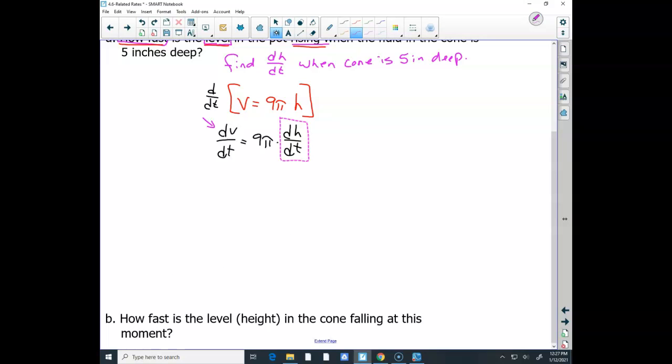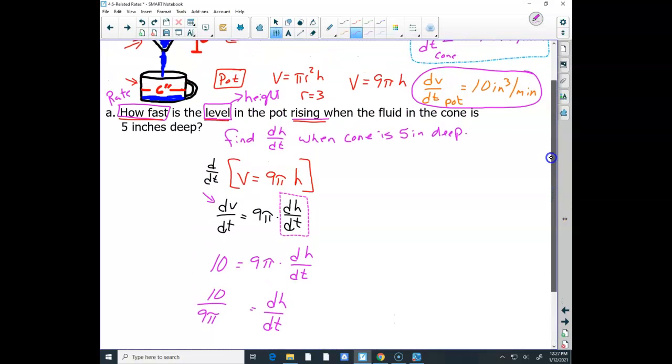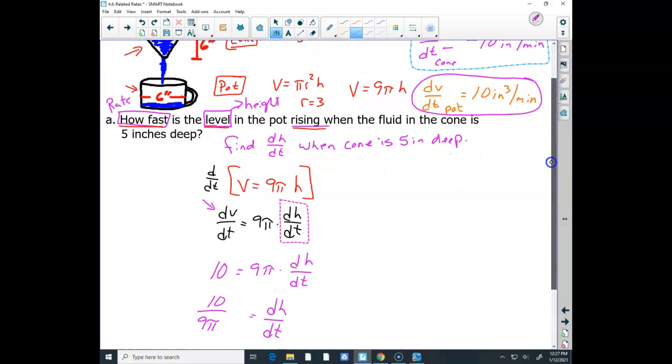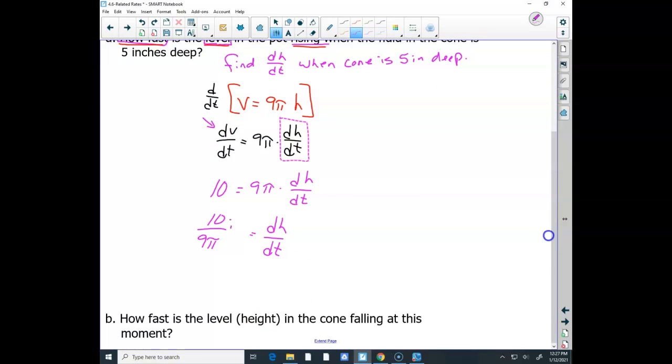So I know dV/dt was 10. 10 equals 9 pi times dH/dt. So dH/dt is going to be 10 over 9 pi, and it's inches per minute. If I really wanted a decimal for that, I could find a decimal for that.